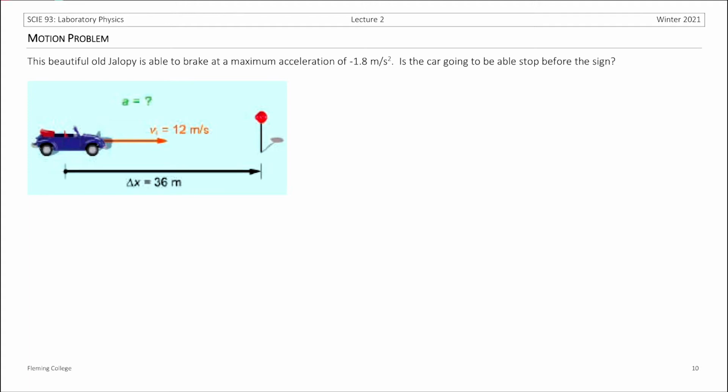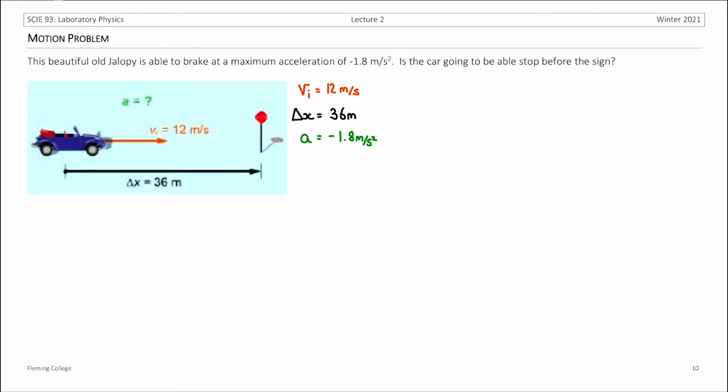So we're given velocity initial is equal to 12 meters per second. Our intended change in position should be 36 meters. And our acceleration is given to us at negative 1.8 meters per second squared.